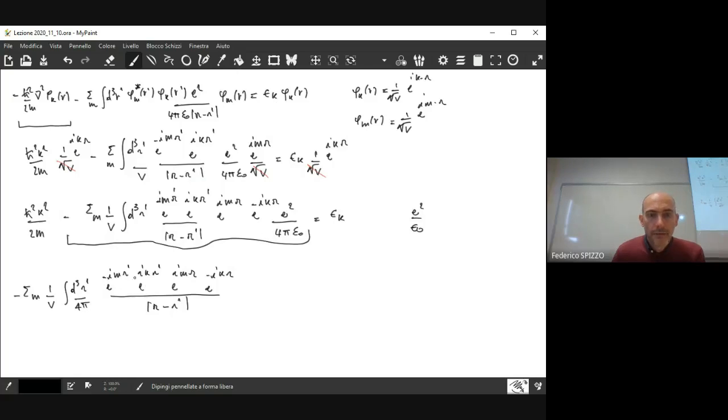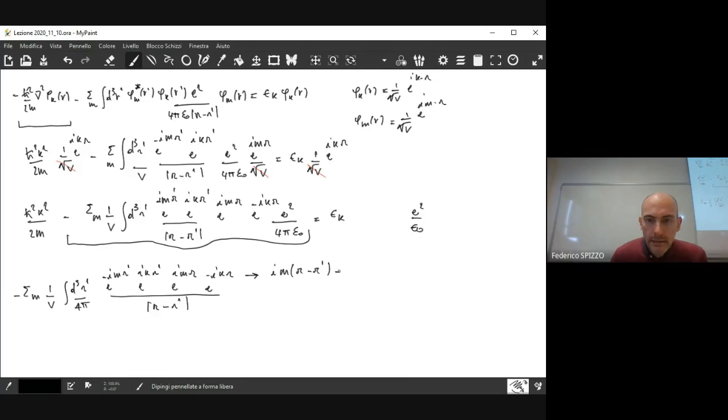Now, if you notice the phases, we have index m with r and r prime, and index k with r and r prime. So just looking at the phases, I may collect m. So I have I m, then I have r minus r prime.